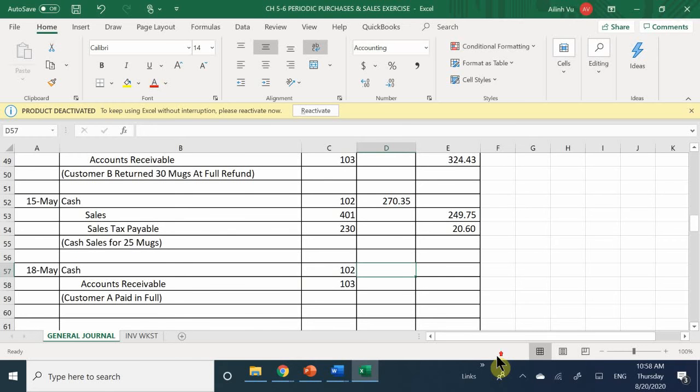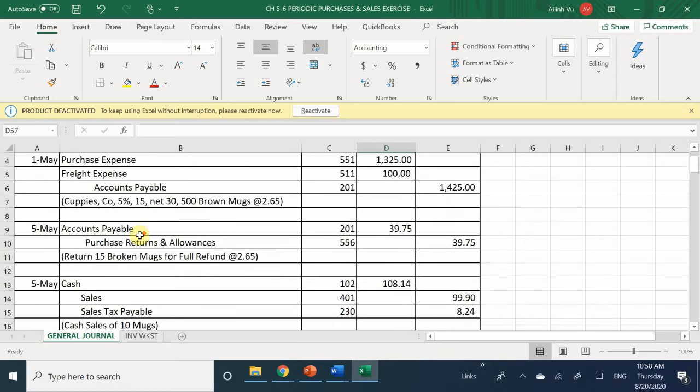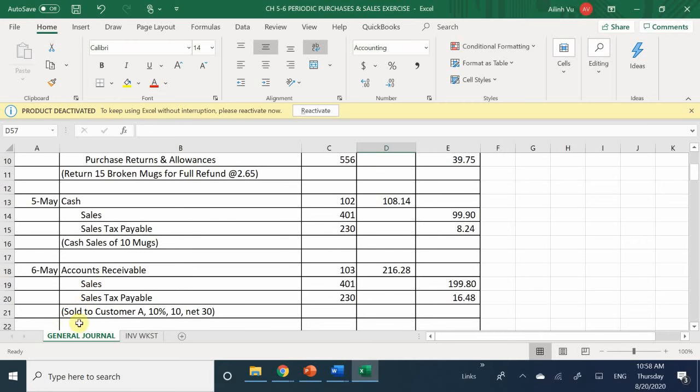So let's go ahead and find our transaction at the very top to see how much customer A actually made a purchase for. So this is cash sales. Here are sales to our customer A, 10%, net 10 net 30. So he or she owes us the full amount of $216.28. So here we're pulling up customer A's file. You owe me $216.28.